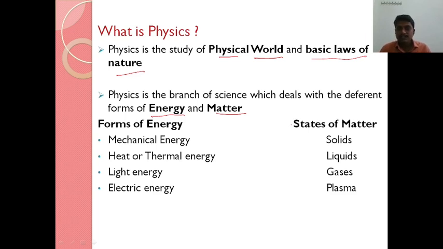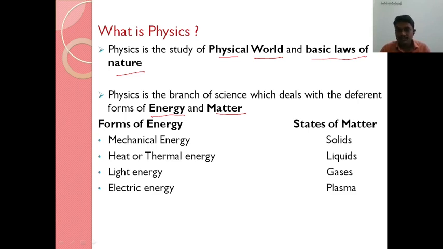Now look at these different forms of energy. Energy has different forms. Energy can neither be created nor destroyed, but can be converted from one form to another. Now let us see the different forms of energy. Mechanical energy is of two types, kinetic and potential energy.